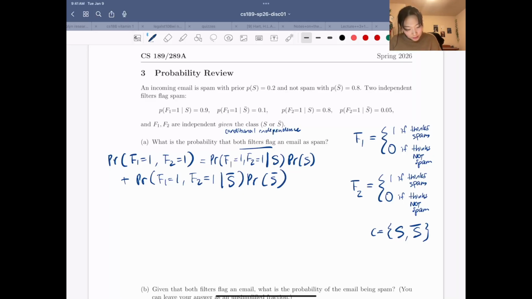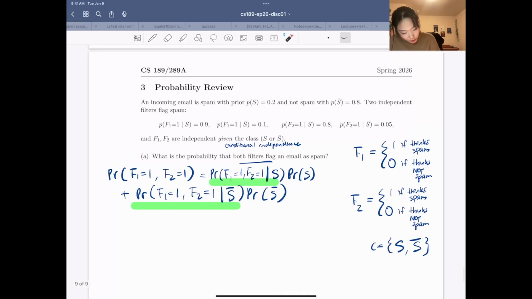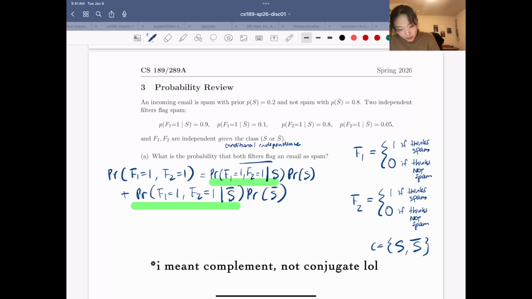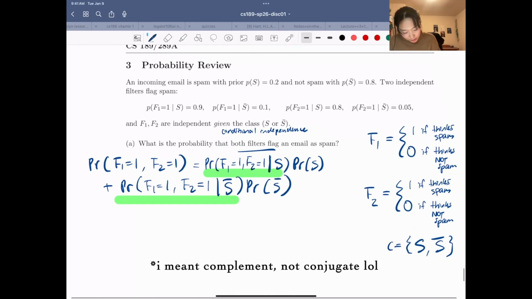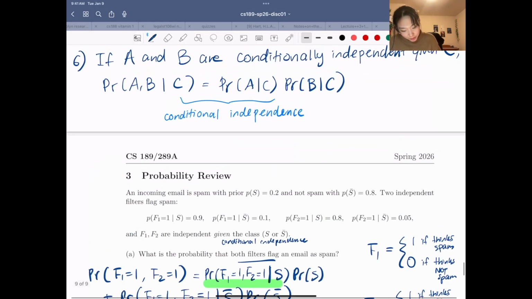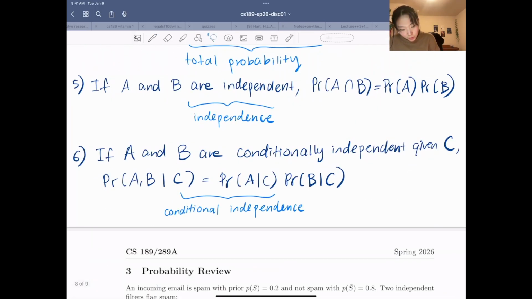Alrighty, and so further simplifying, we were told right over here that F1 and F2 are independent given the class S or S conjugate. So we can further split this with the conditional independence rule, number 6.